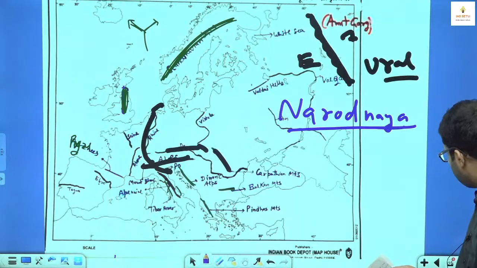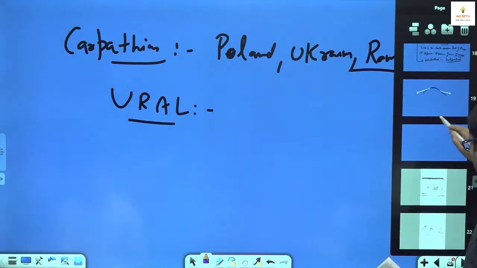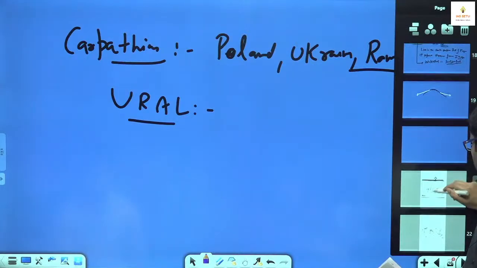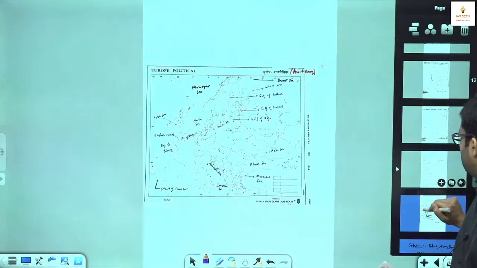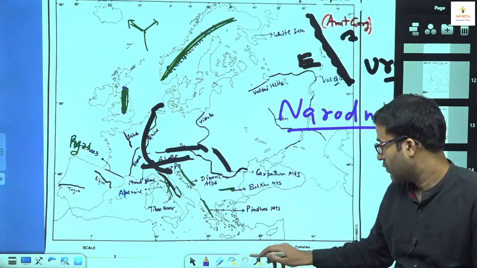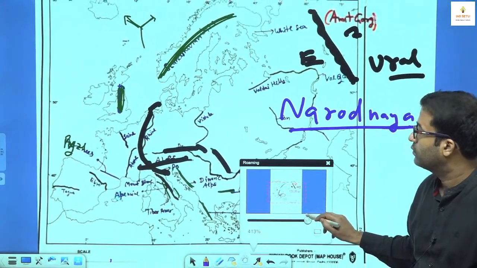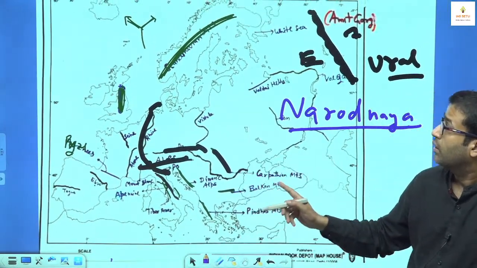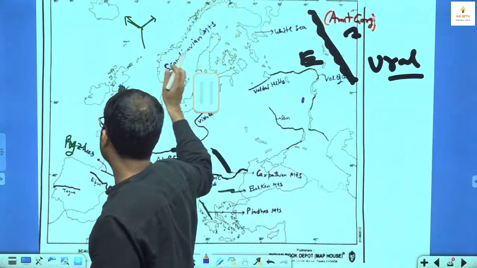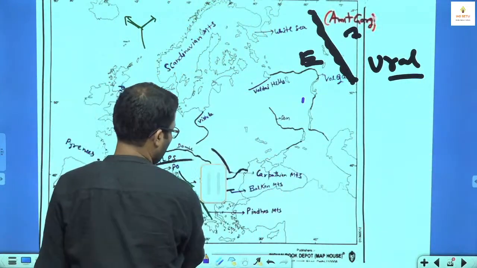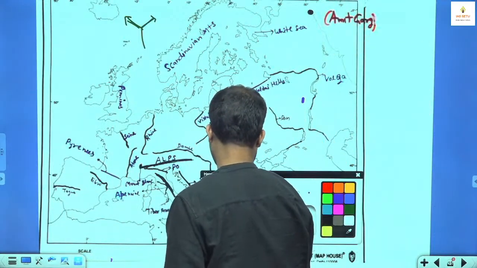Now after that, now the most important thing here, which can be asked, there is a canal, Kiel Canal.